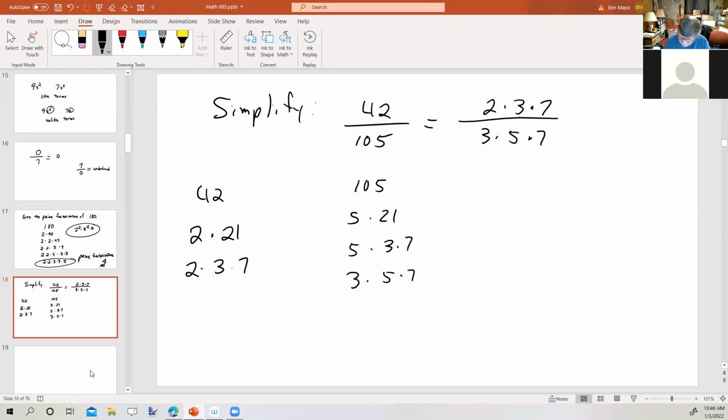So there's the prime factorization of the denominator. Now I see that both the numerator and denominator contain common factors. The 3's could be reduced down to 1 over 1. The 7's could be reduced down to 1 over 1. And my final reduced form is 2/5. So 42 divided by 105 simplifies down to an equivalent fraction, 2/5.